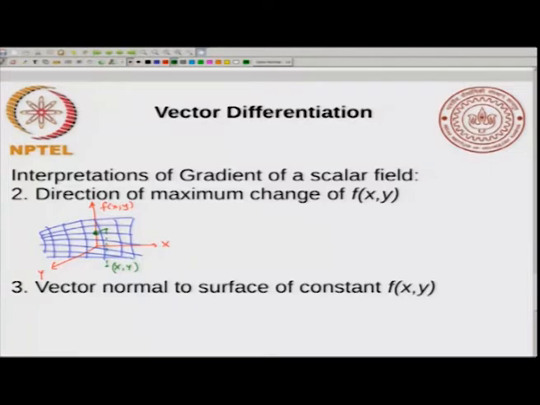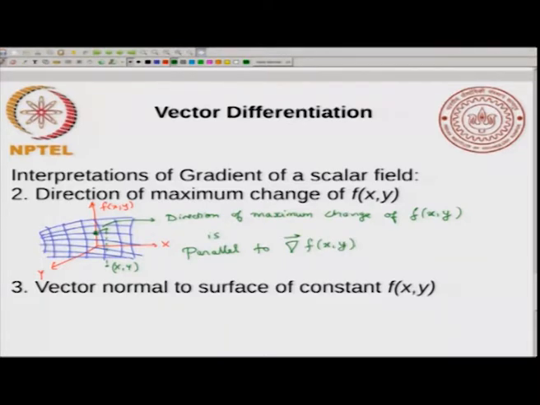So, this is the direction of maximum change of f, and this direction is parallel to the gradient of f of x y.